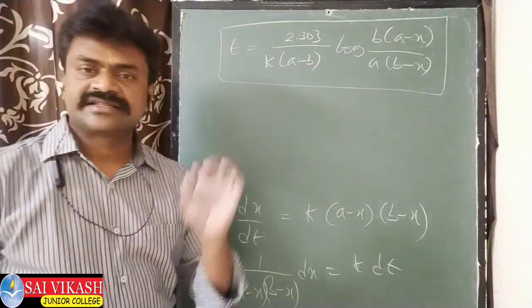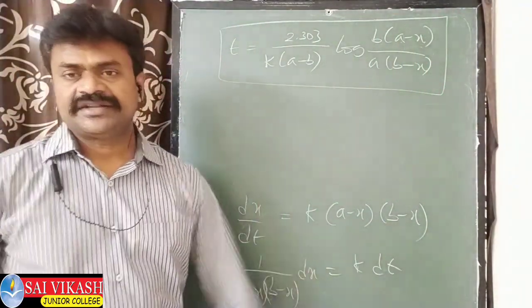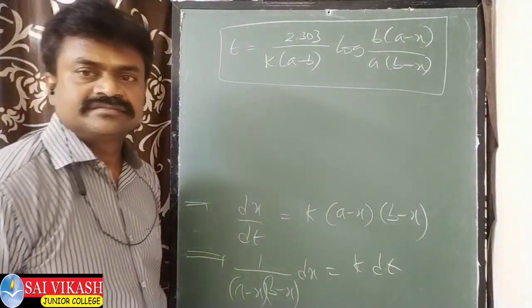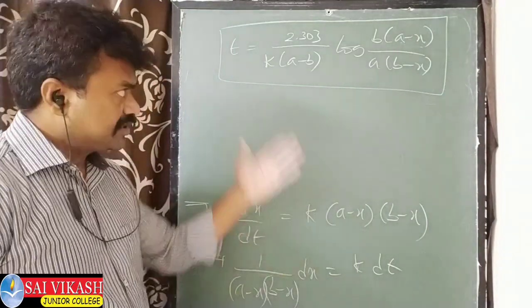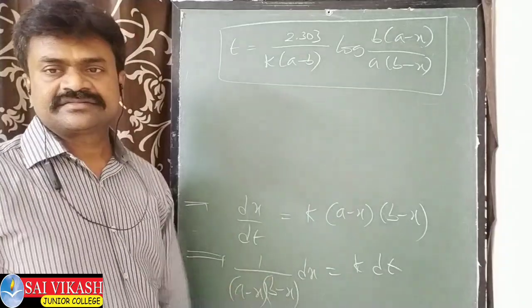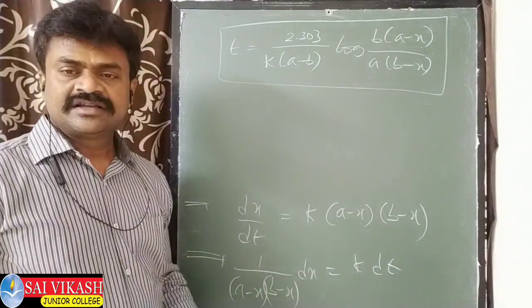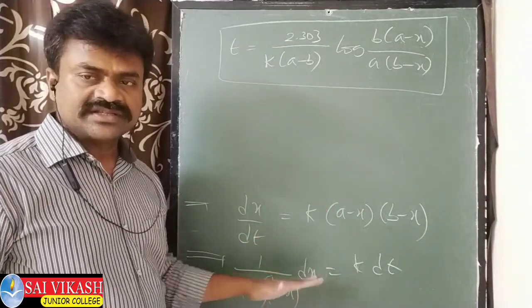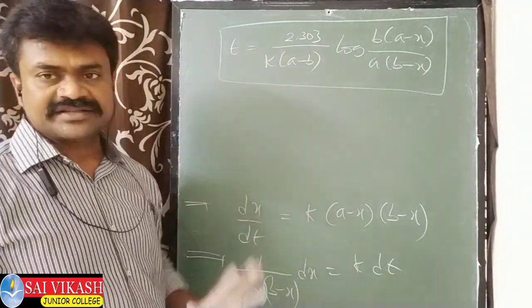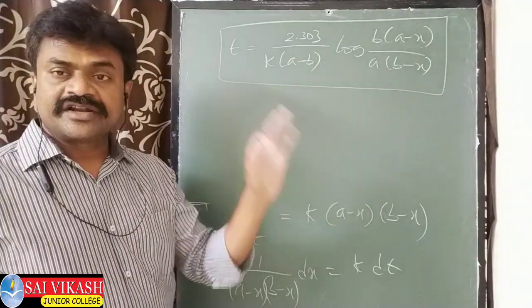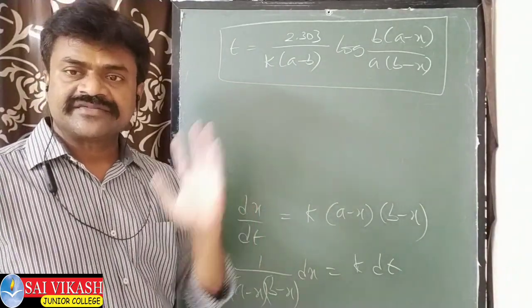This is the second order integrated rate equation. These integrations you can do in mathematics; MPC students can do all these integrations. Finally we get this, the second order integrated rate equation when the two reactants are different.